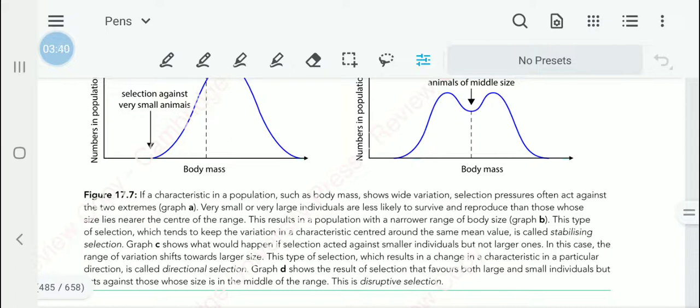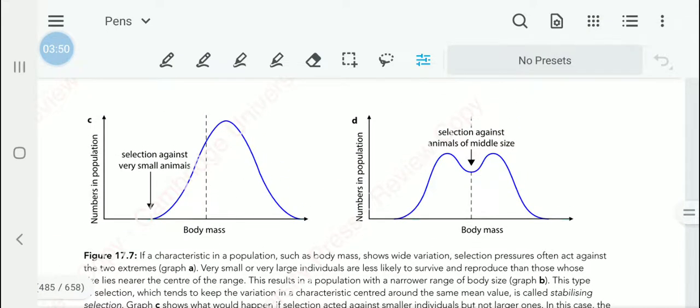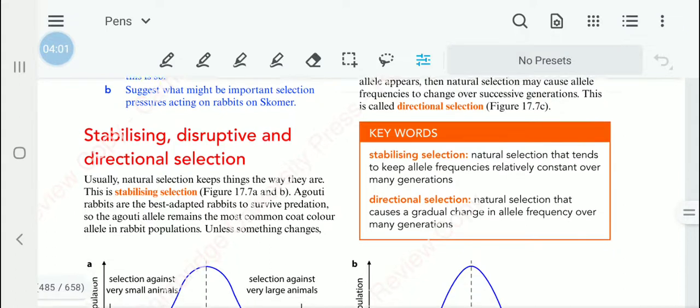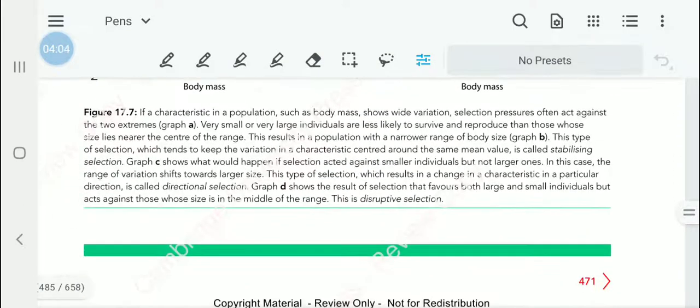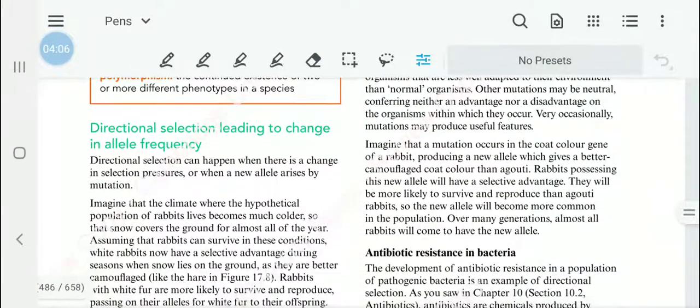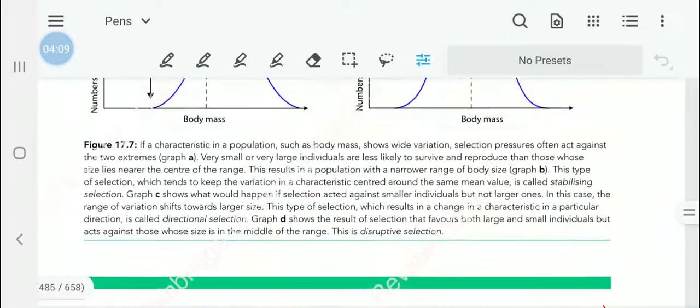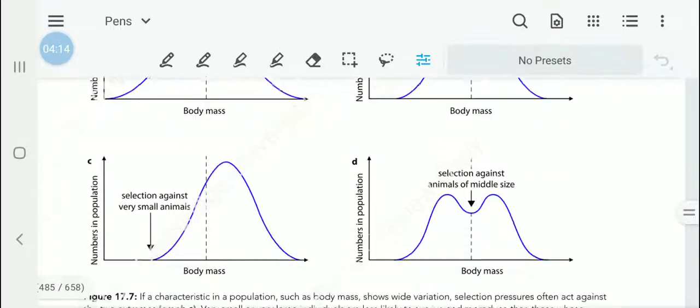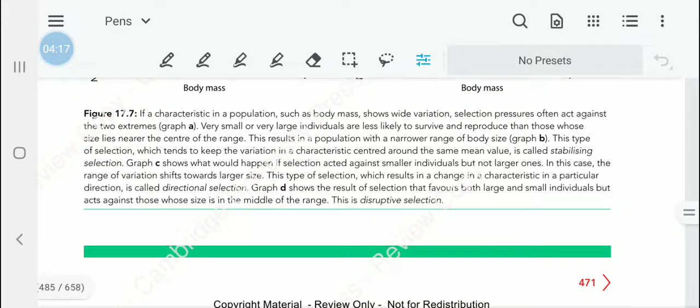It will act against the smaller animals, and as a result the population will increase in the direction of the larger animals. As a result, we get directional selection. However, after some time it will become the new natural order, and later on it will become stabilizing selection.